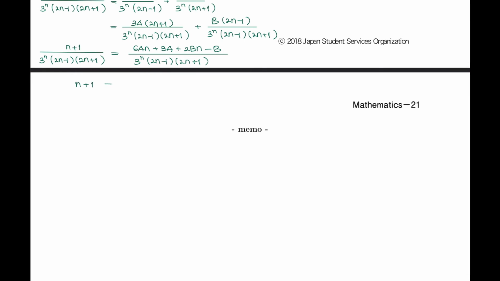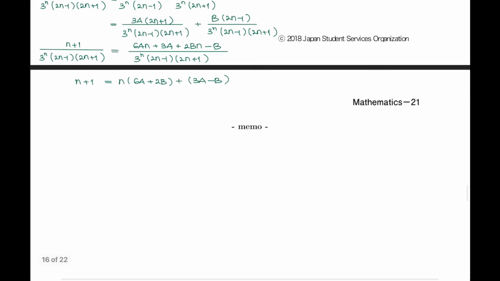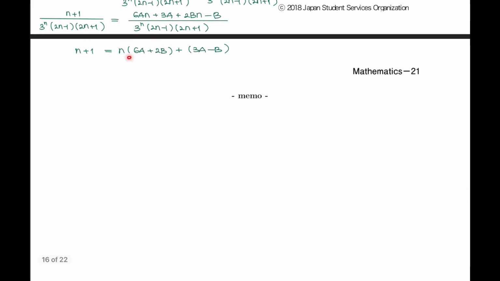So n plus 1 is equal to, we have to group the n. If you factorize the n, you will get n times 6A plus 2B. And then the constant term is 3A minus B. And then just compare the coefficient of n from the left-hand side and right-hand side.